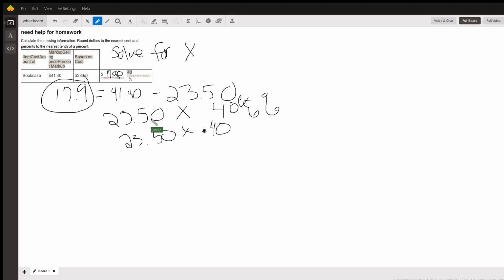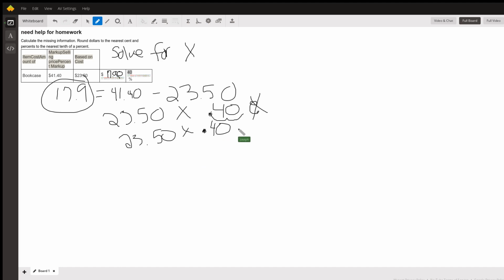Because if you want to multiply a normal number, a normal integer, times a percentage, you change it from being a percentage to a decimal, which means you move the decimal point over 2 spots. So if this was 40%, it will move the decimal point over twice, and then it'll be 0.40, just as we have right here.